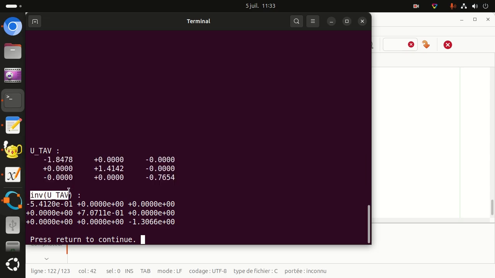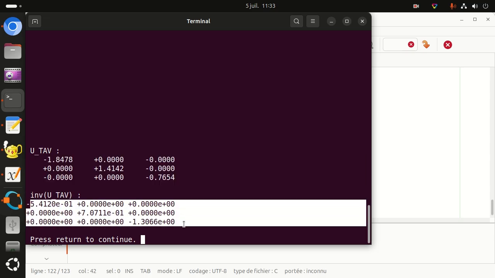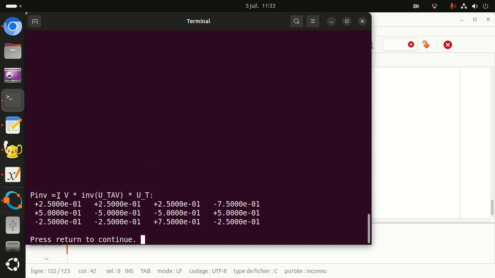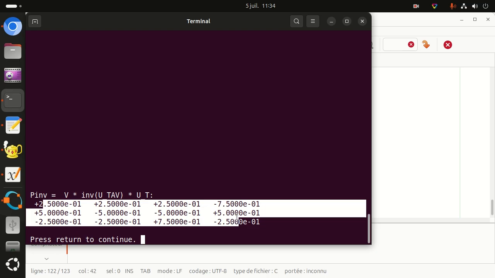I take the inverse of this diagonal matrix. Why? Because it is easy. Then I can compute the pseudo-inverse of A. I multiply by V on the left and by the conjugate transpose of U on the right, and this gives the pseudo-inverse.